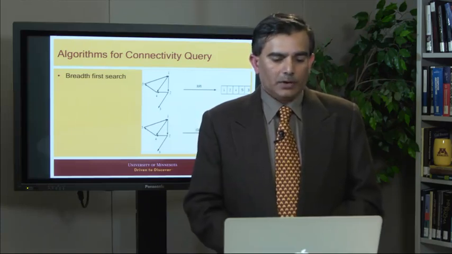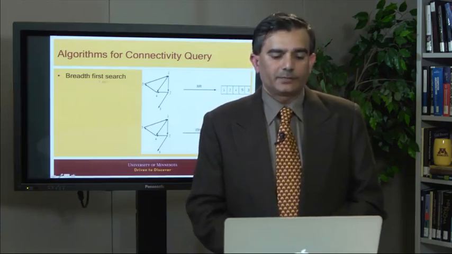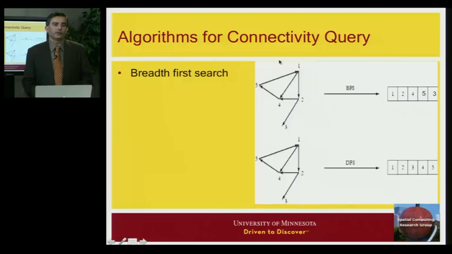Okay. So let's first look at breadth first search, and suppose the starting node is 1. In breadth first search, we visit other nodes level by level. We first reach the nodes which are directly connected. So from 1, nodes 2 and 4 can be reached first because there is a direct edge, right?